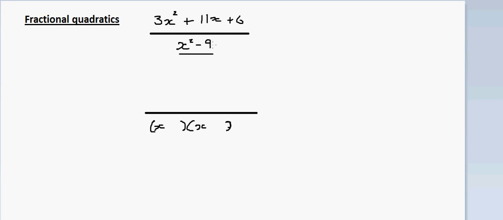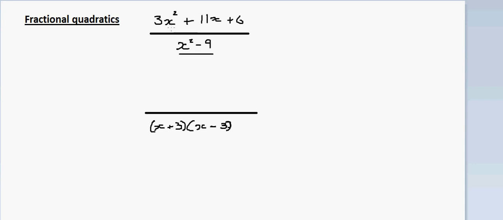I know that the square root of 9 is 3, so 3 can go into both brackets. One will be plus, one will be minus. This is always the case. As I said, check back on my previous video. So I know if I expand these brackets, that will give me this final result.